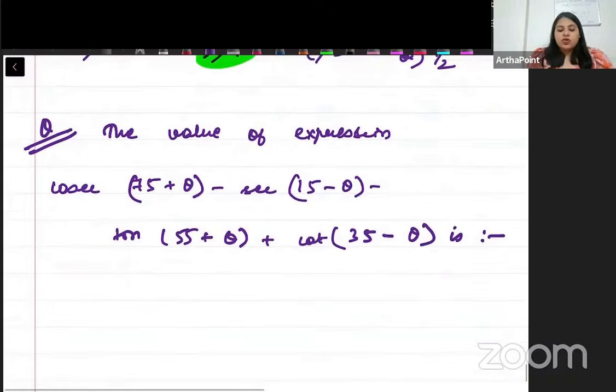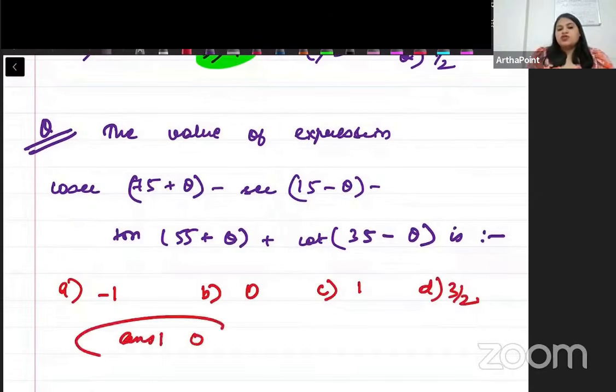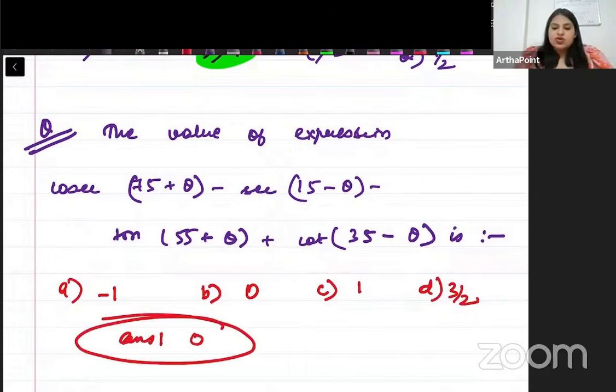This is what you want to try. The options are -1, 0, 1, and 3 by 2. I'm telling you that the answer you should get is 0. So take some time and try to do this question.